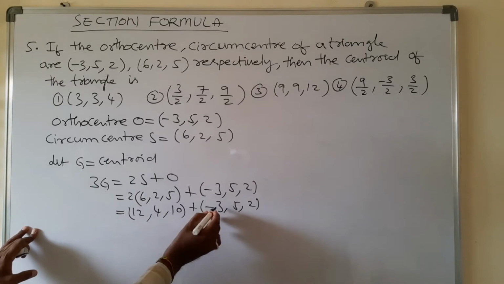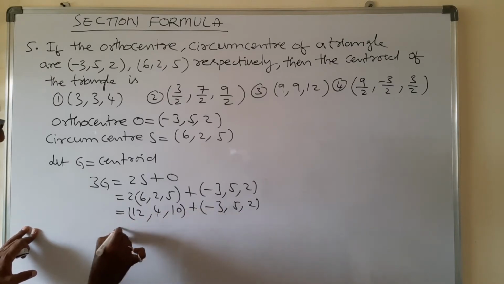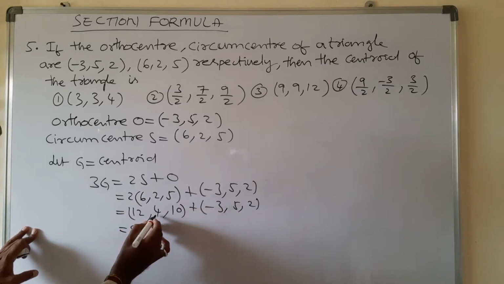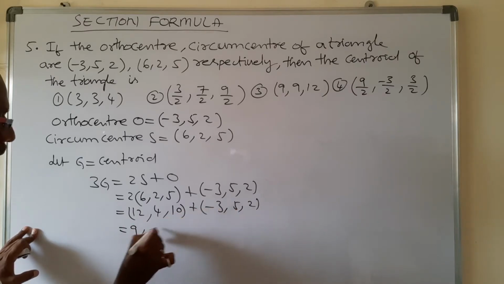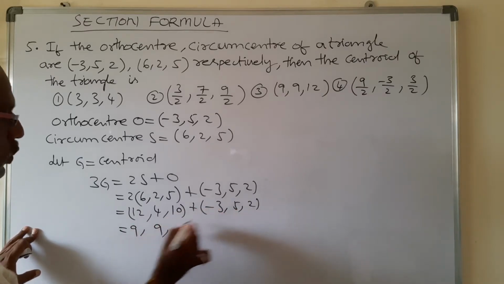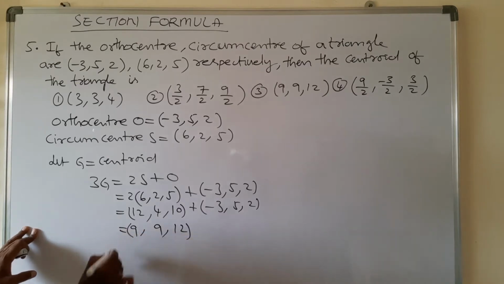Here 12 minus 3 is 9, 4 plus 5 is 9, 10 plus 2 is 12.